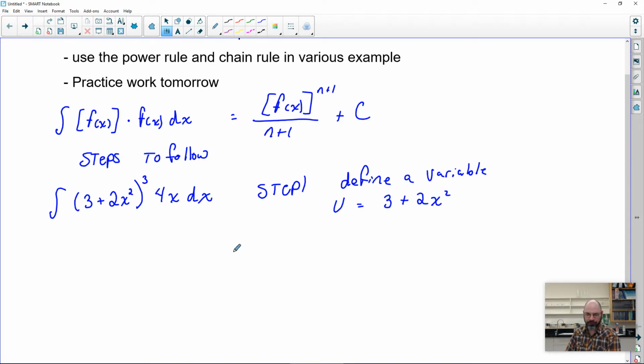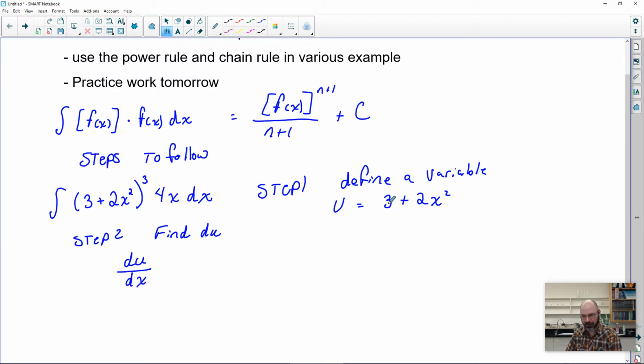Okay. Step 2 then, after you've got the variable, is to find du. Okay, so we find du. We're going to write it in fraction form here. We want du dx.